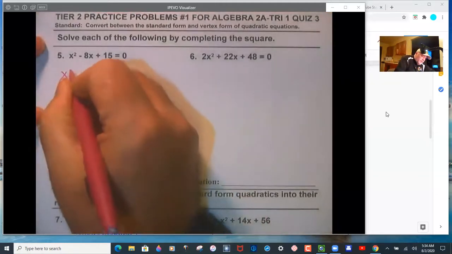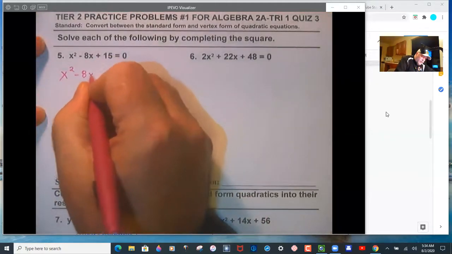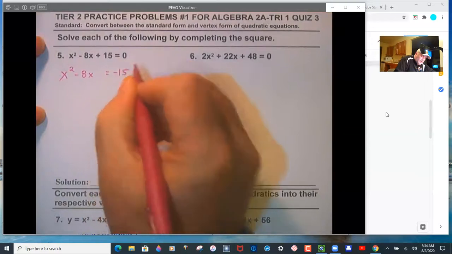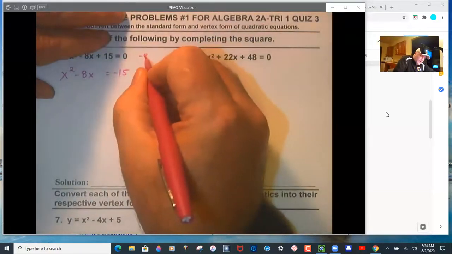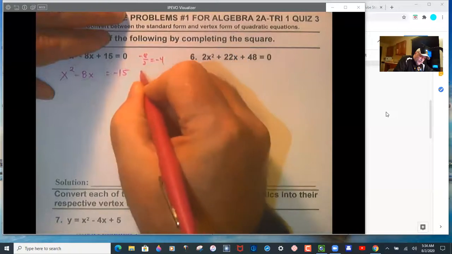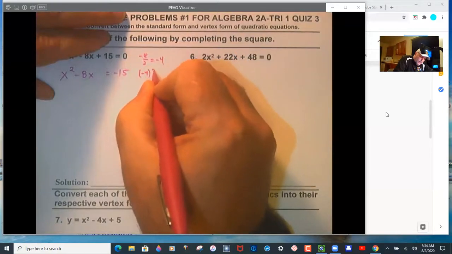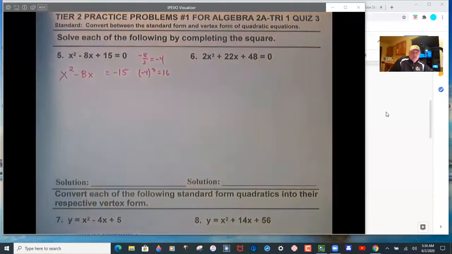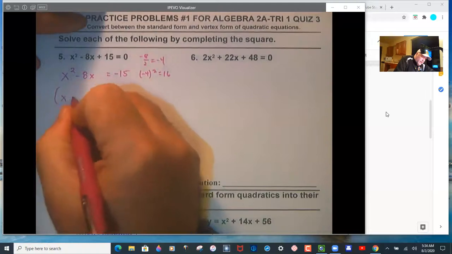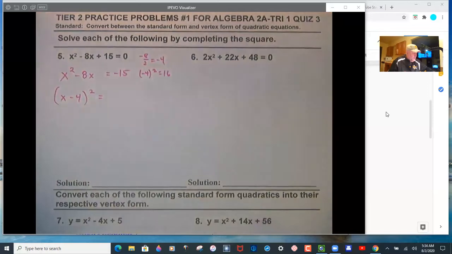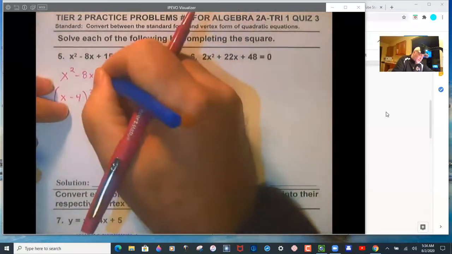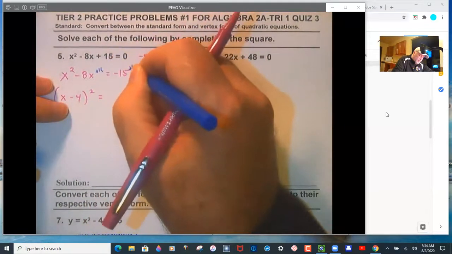So step 1 on number 5 is to subtract 15 to the right. And then we're going to divide -8 by 2, and we're going to square that. And that's going to be 16. So this left side will be x minus 4 squared, and then the right side, adding 16 to both sides, will be equal to 1.